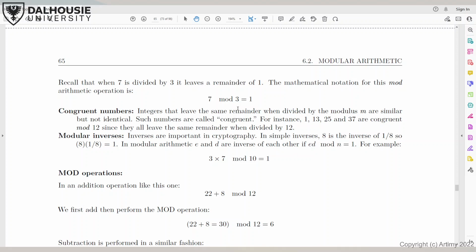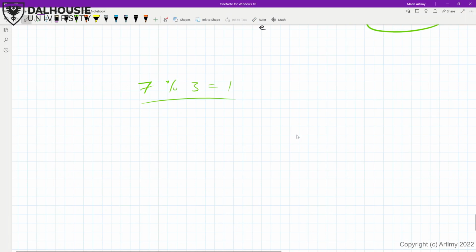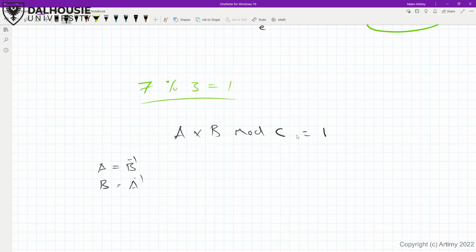In modular arithmetic, if I multiply A by B mod C and I get 1, I consider B the inverse of A, or A the inverse of B. So these two must be inverses of each other, otherwise when we multiply them, we won't get 1.